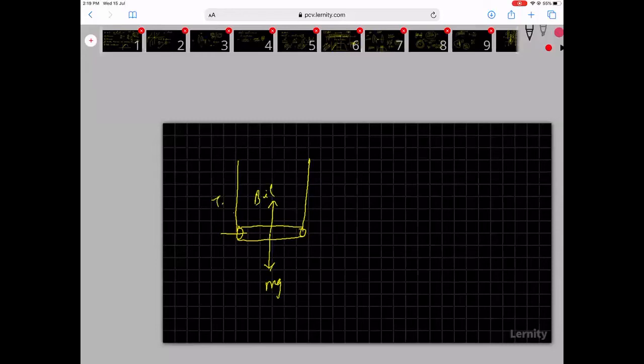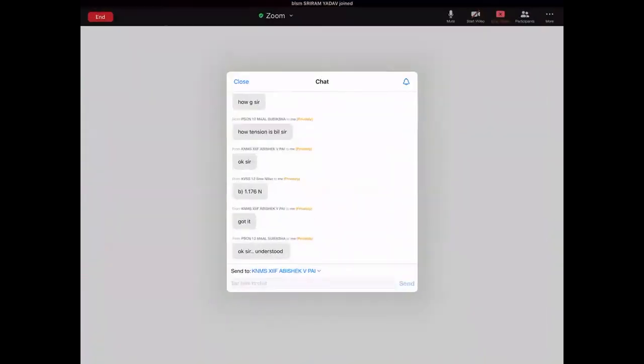So if you want tension equal to 0, these two should be equal to each other. So mg is equal to BIL. So just work from there and then you get it. Now you are changing the direction of the current. Then this comes down. So 2 mg.